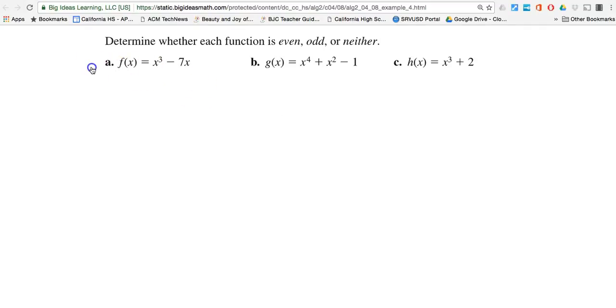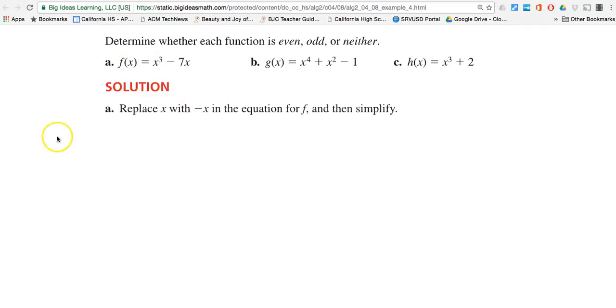So for the first one, if we go ahead and replace x with negative x, we're going to get negative x to the third minus 7 times negative x. That ends up being negative x cubed plus 7x, so we distribute everything. Now, that's the same thing as if we just took negative times our original function.